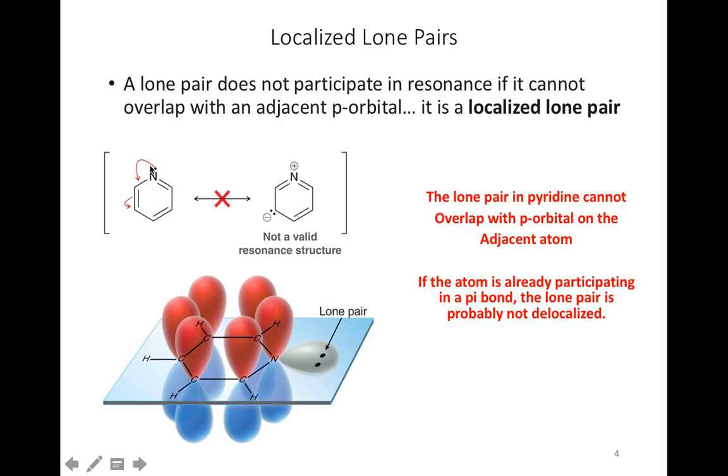I have 3 electron groups, but that unhybridized p orbital is already being used to form this double bond. That means the lone pair can't be in that unhybridized p orbital, and it must be in an sp orbital coming off the back, and because it's not in a p orbital, it can't be participating in resonance.